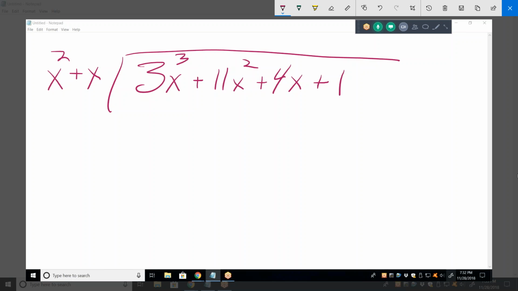So the first step is what? Divide 3x cubed by x squared. What do you get? 3x. Next step? Multiply 3x times x squared to get 3x cubed, and then plus 3x squared.